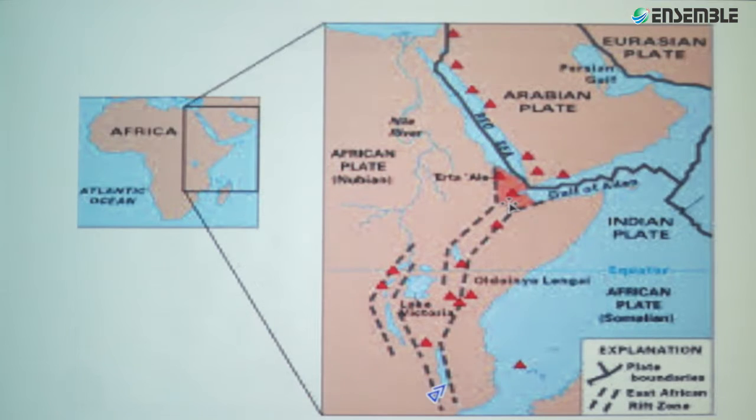And it is between these that you find a good number of active volcanoes, that is Oldoinyo Lengai, and that's the place where you find Erta Ale. These are the places. And it is along this Rift Valley that Africa is going to get fragmented. It is along this zone.